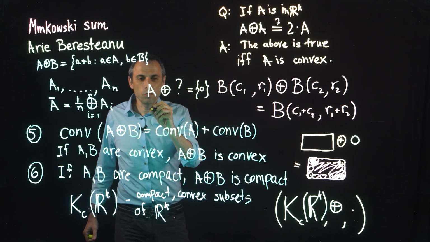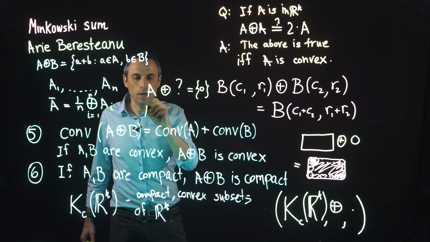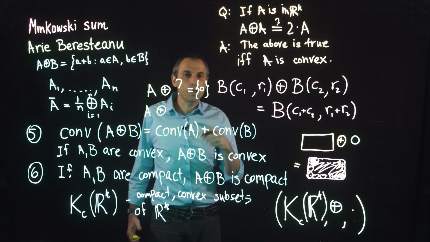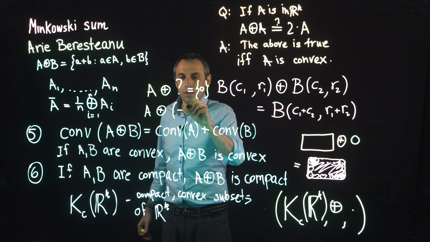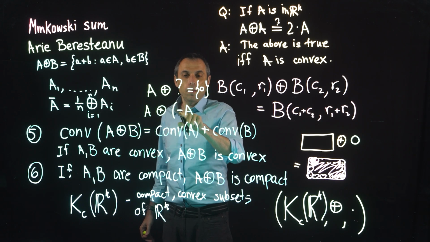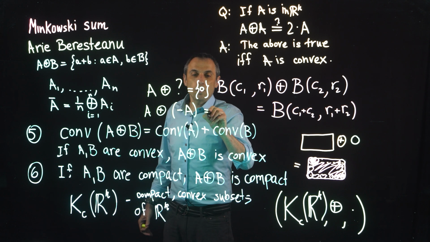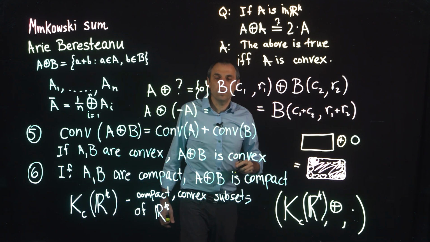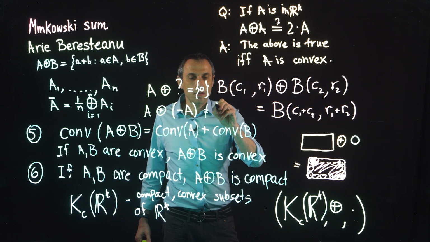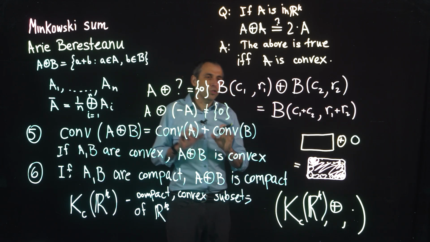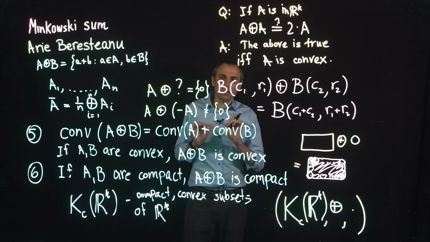Okay, so if you try saying, oh, well, I'll take A and sum it with a set which is minus A, so I'm taking the number -1 and multiplying all of the elements in A. What will I get here? It's not going to be the set 0. That's not going to be right, unless A itself is a singleton, which is a very special case.